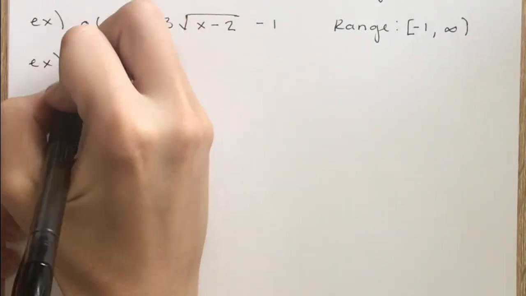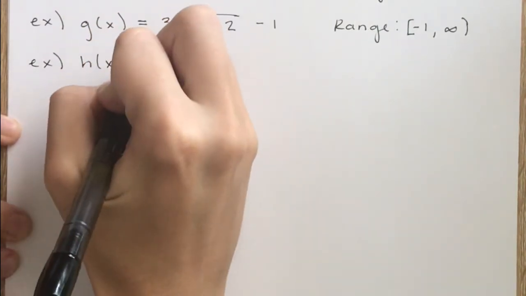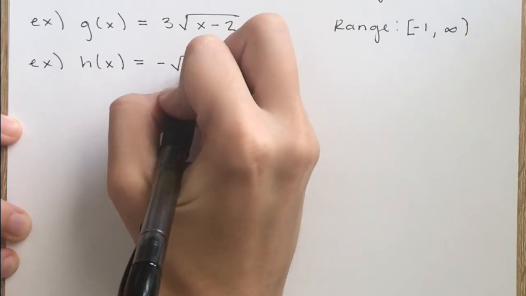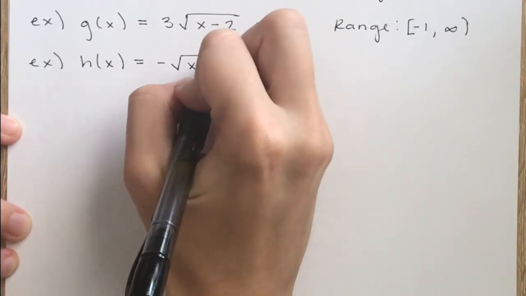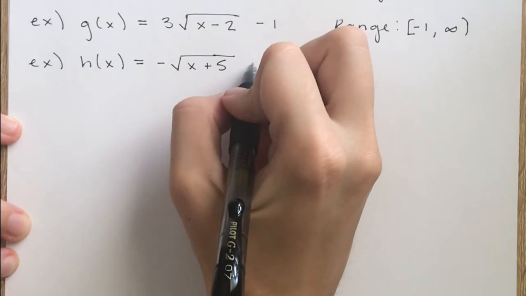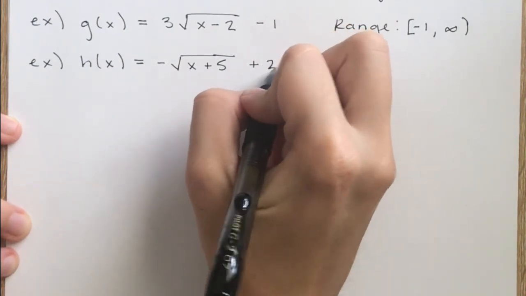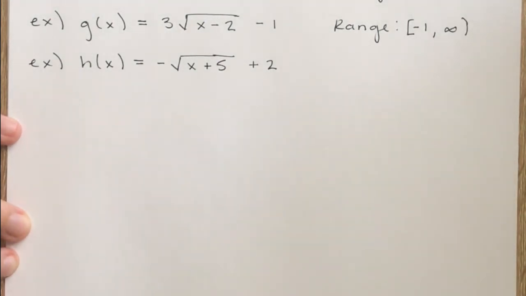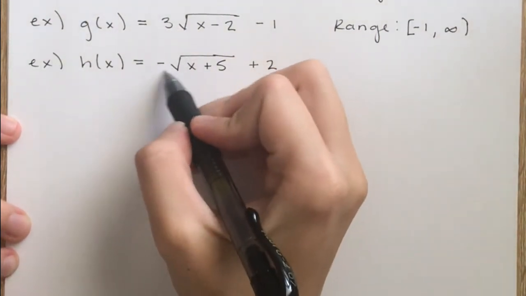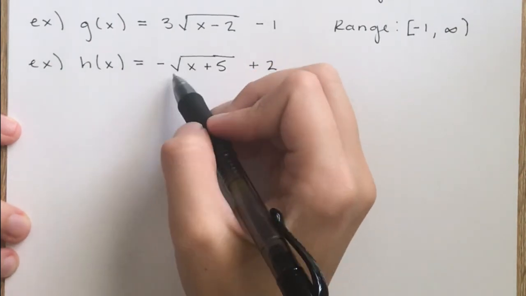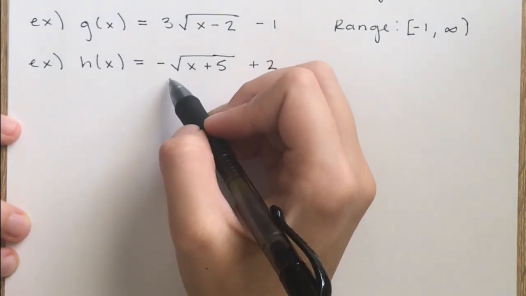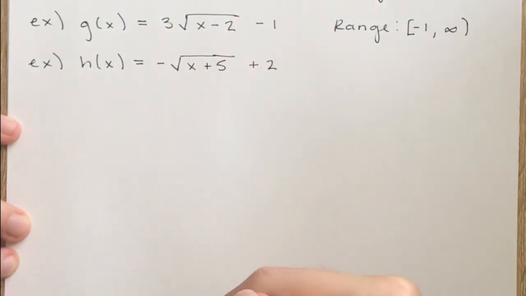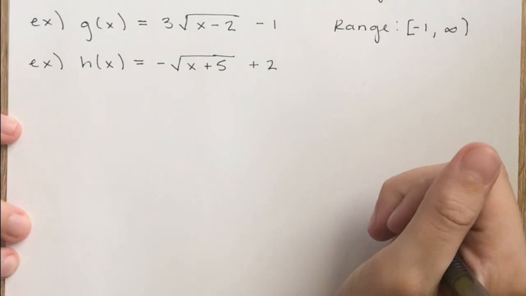Last example. H of x equals negative square root of x plus 5, plus 2. Okay, so what's happening to our y values? On the outside, this time we're flipping. Flipping our y values, flipping that function over the x-axis, does what to our range?